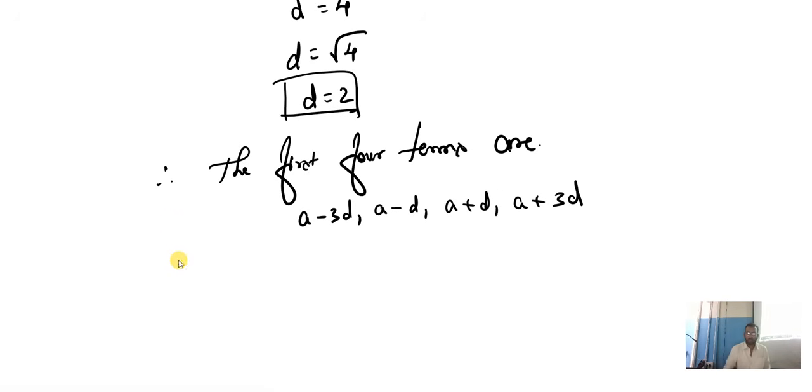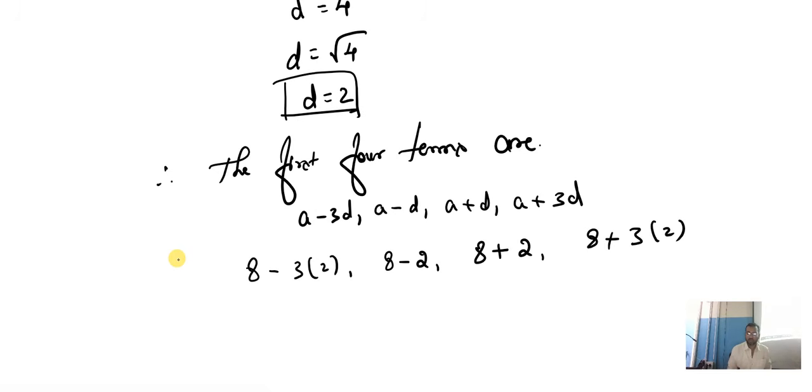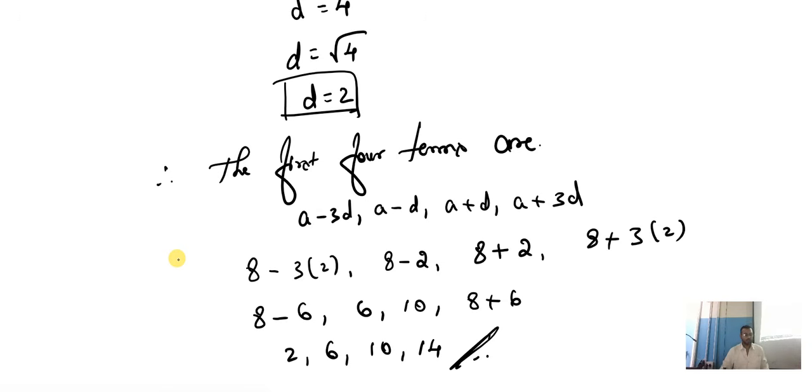A is 8, D is 2. 8 minus 3 into 2, 8 minus 6 is 2. 8 minus 2 is 6. 8 plus 2 is 10. 8 plus 3 into 2 is 6, 8 plus 6 is 14. So these are the first 4 terms as per the given condition.